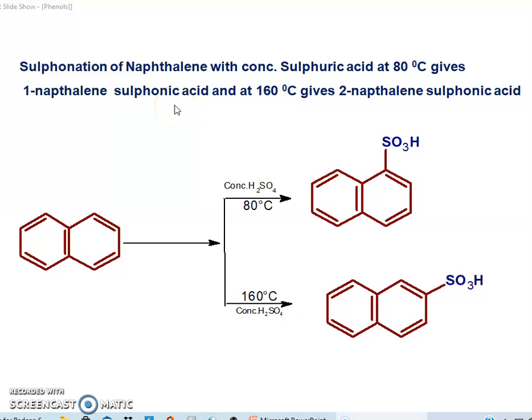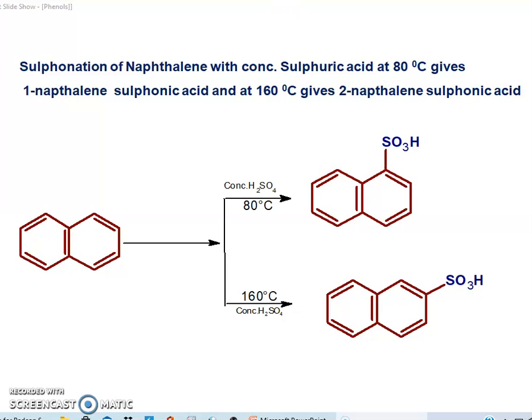Next point, now we see here, the sulfonation of naphthalene with concentrated sulfuric acid at 80 degrees centigrade. It gives one product, 1-naphthalene sulfonic acid, and a second product, 2-naphthalene sulfonic acid.